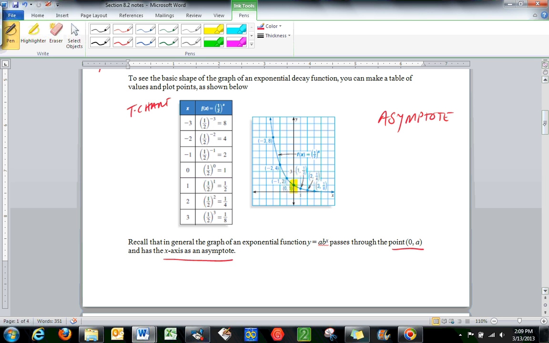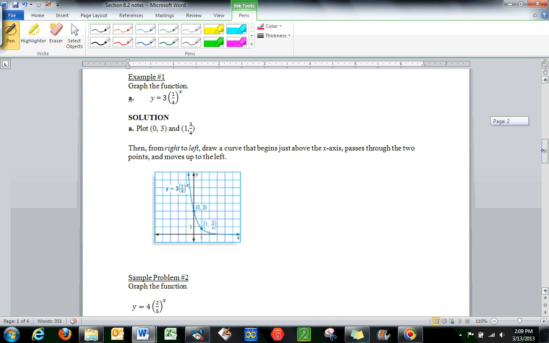So let's take a look at a sample problem here. Let's look at a first example. We can first of all see that we have a b value that is between 0 and 1, so we know we're dealing with decay, which means that we'll know that the general shape of our graph will look like that. The easiest way to get started on this is to quickly draw our y-intercept, which is going to be a result of the a value, so (0, 3), and then we would simply t-chart a couple of other simple points.